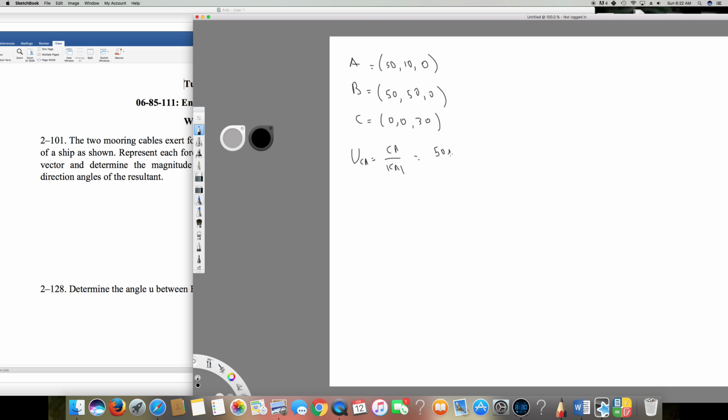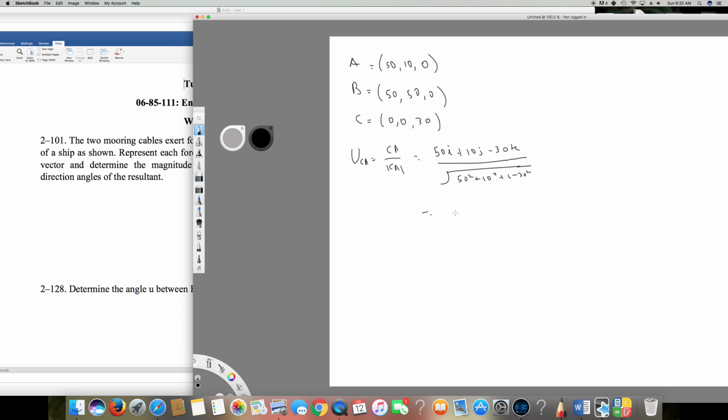plus 10 minus 0, 10 J, and minus 30 K over the square root of 50 squared plus 10 squared plus minus 30 squared.